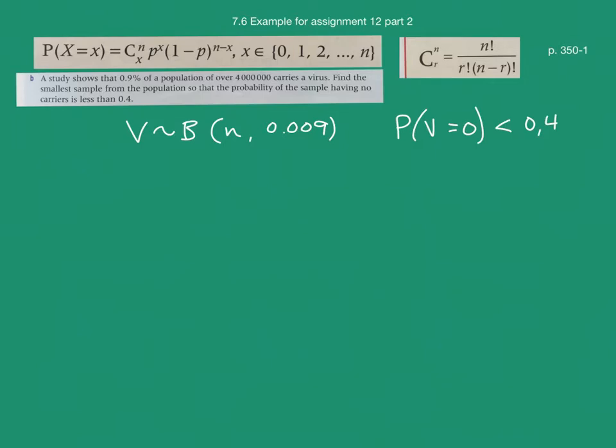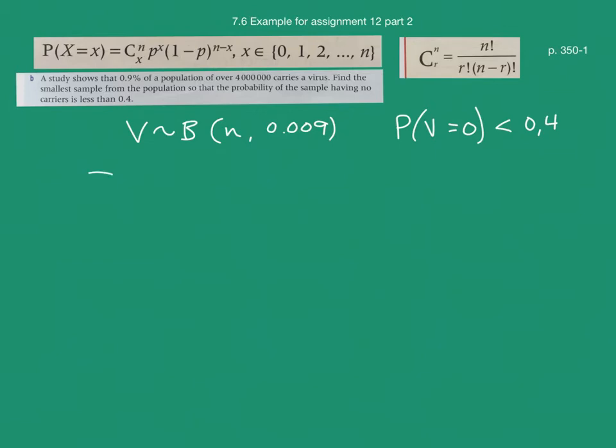So we can start finding, we know that this probability here, we can also write in this way. The probability that our random variable X is equal to a certain value is this formula expression here. So we're going to copy that, but just put in the information that we have.